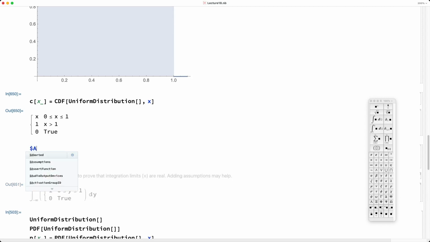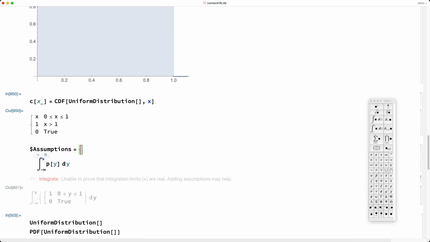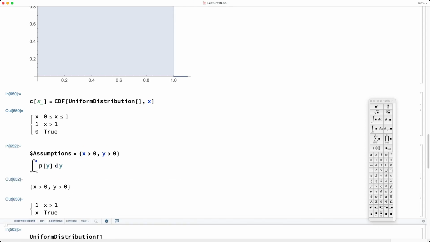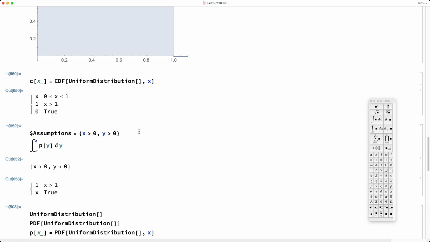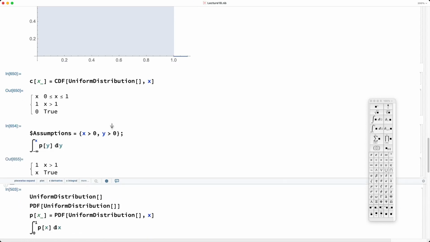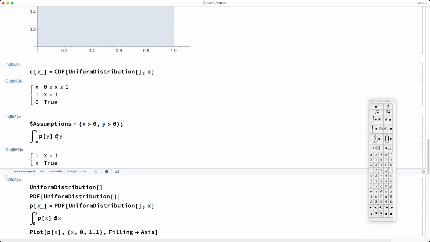So let's use Assumptions and then say x greater than 0 and y greater than 0. Let's try this. And this helped. So let me suppress this. And so we got this result. But actually this had the side effect of eliminating the other cases.